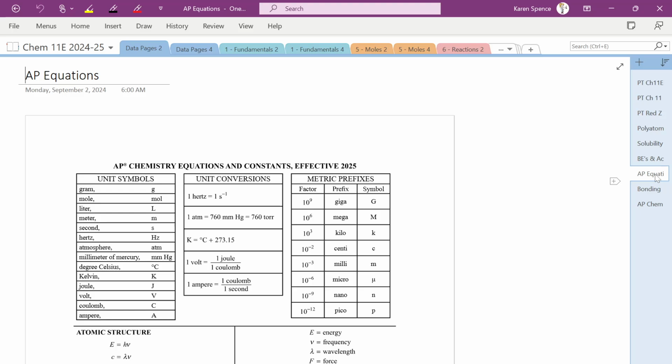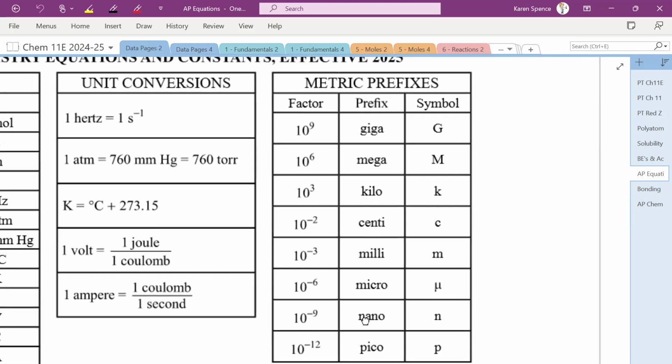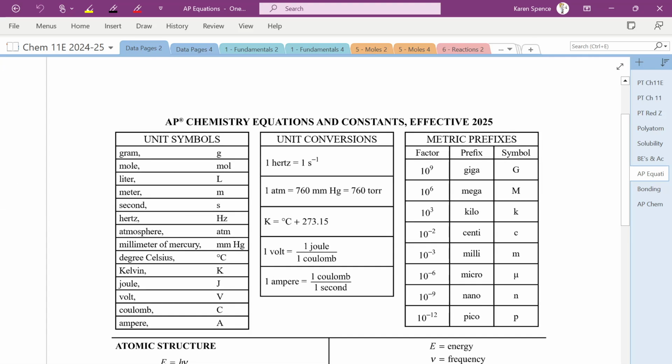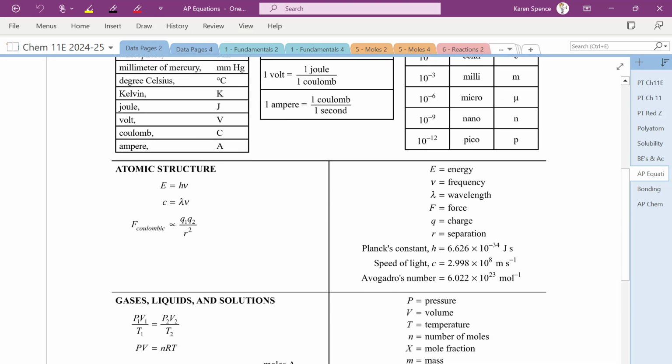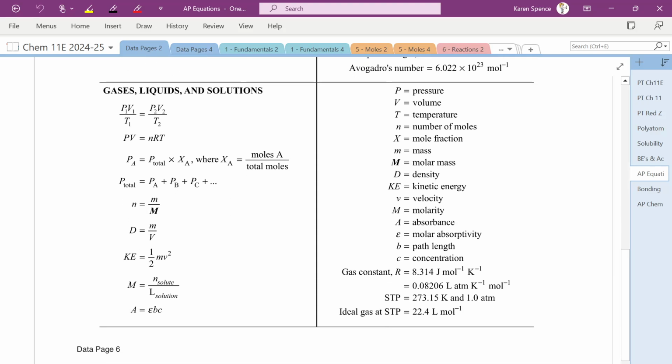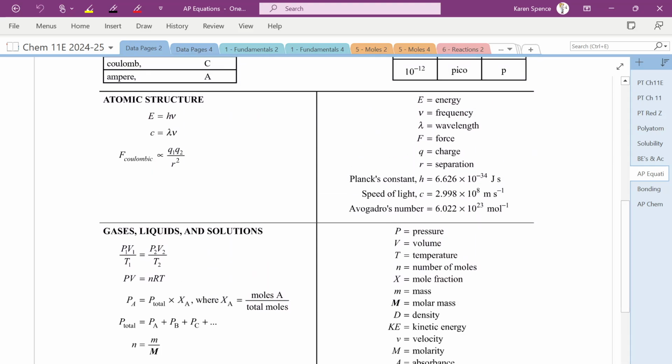Because in grade 12 we do electrochemistry, but you don't need it this year. And in fact, look what they give you. They give you all those metric prefixes, so you don't need to know those. Yes, this is page 1. There are actually 2 pages. We don't use any of that stuff until grade 12. So you get all of this, and you will notice here that we have, where did it go? Oh, there it is.